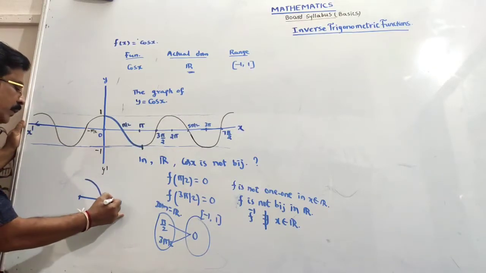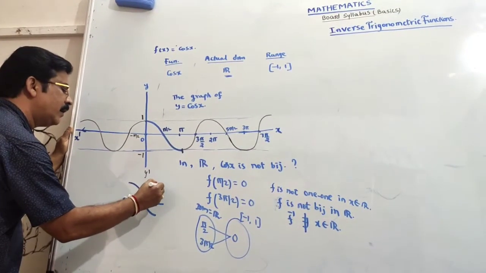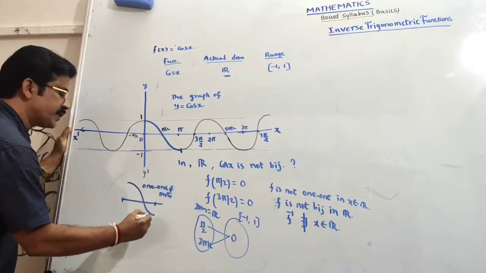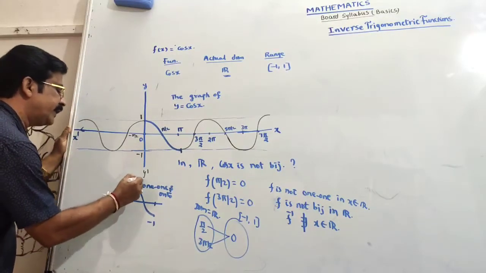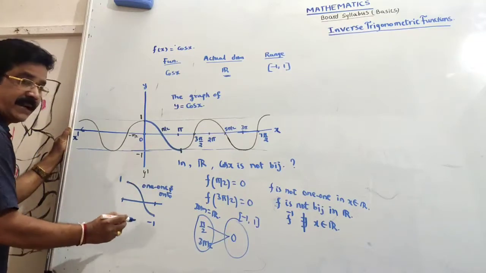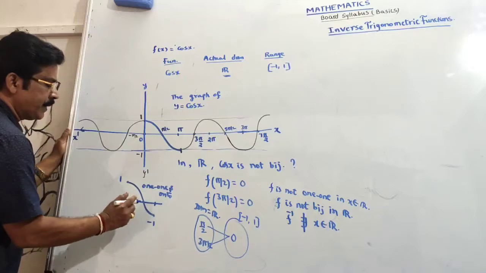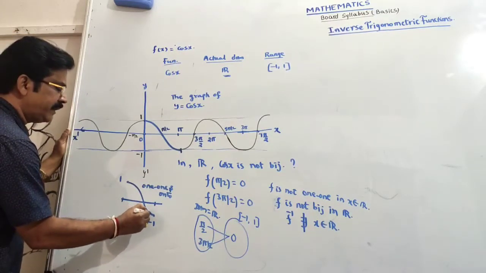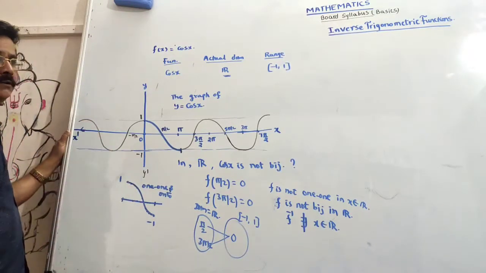From here to here, this function is a one-one function and onto function, because this is minus 1 and this one is plus 1 on the y-axis. So the codomain is equal to the range. For every different value of x, we are having different values for y. Thus it is an onto function.